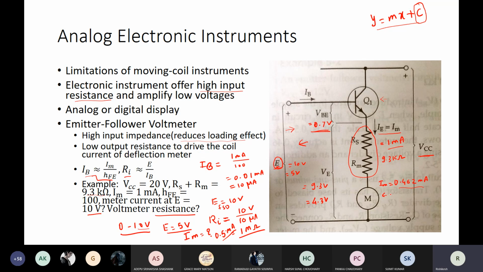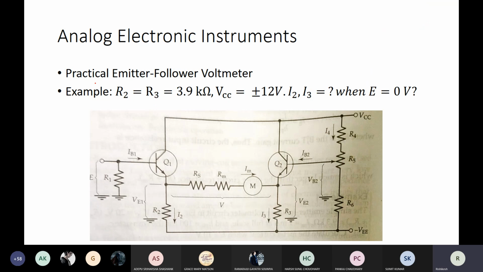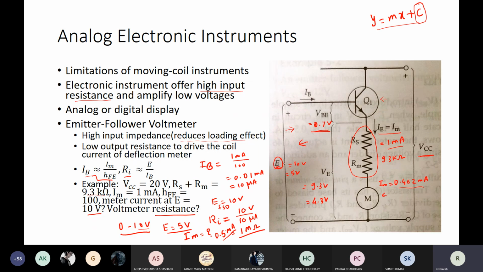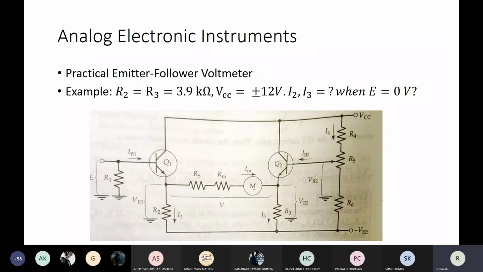So this is where the practical emitter follower voltmeter comes into the picture, which utilizes a similar approach to the previous circuit, but there is an extra circuit which is also used to remove the effect of the base-emitter junction voltage.